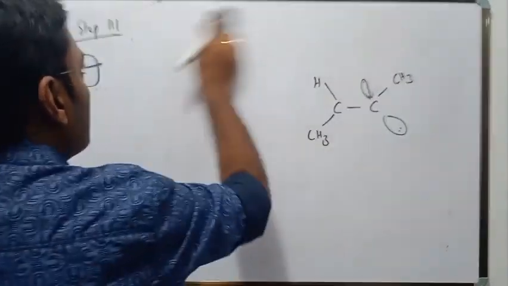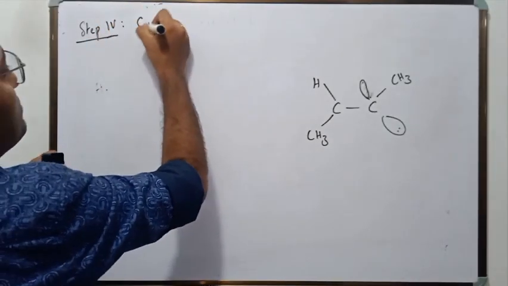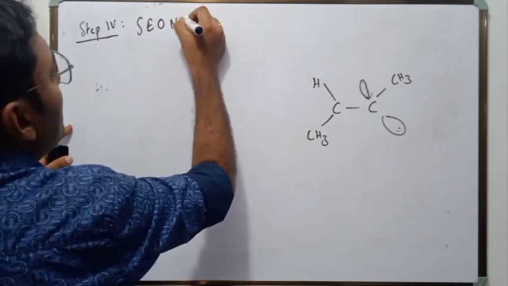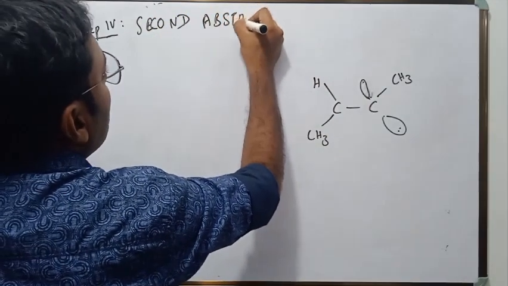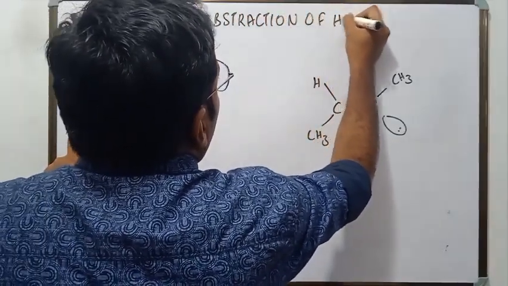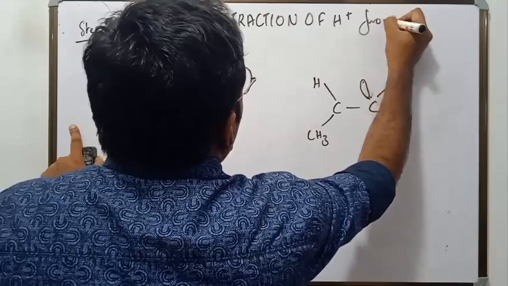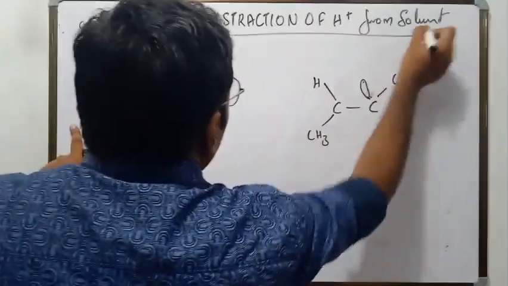Now fourth step, step number 4. Second abstraction of proton, sorry, abstraction of proton from ammonia, from solvent ammonia. Again the process may repeat.